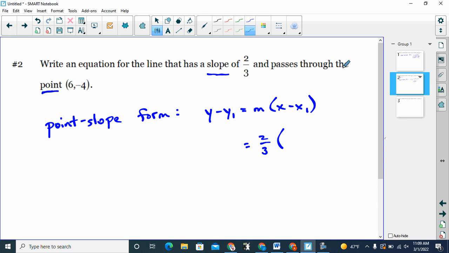We only know one point on the line, 6, -4, so that's the point I have to use. So this is going to say x minus the x value of the point, so x minus 6. Over here I've got y minus the y value of the point, y minus -4. Minus, minus, remember we changed to plus.